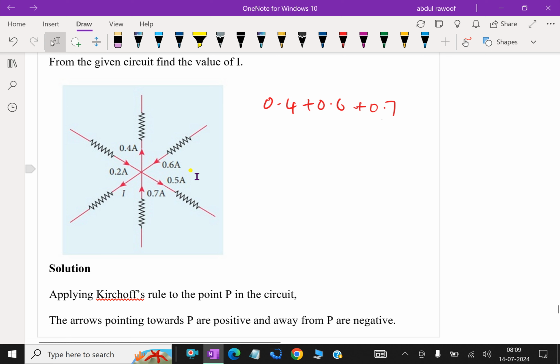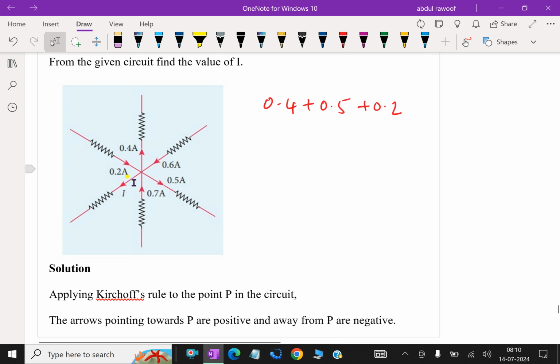Out of the node is 0.4 and 0.5, and 0.2. This is coming out.